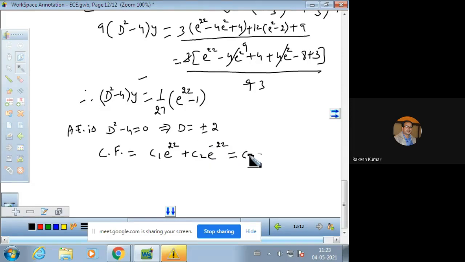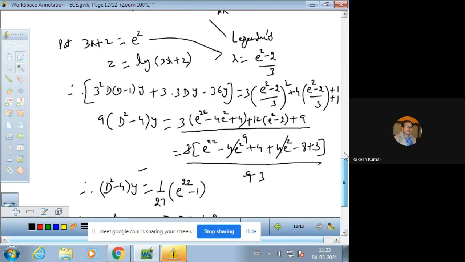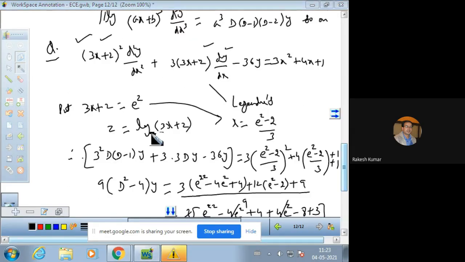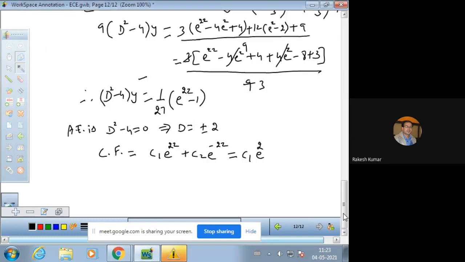You can put the value of z here. So the value of z is equal to log of (3x plus 2). So use the value here. That is C1 e raised to power log of (3x plus 2), plus C2 e raised to power minus 2 log of (3x plus 2).